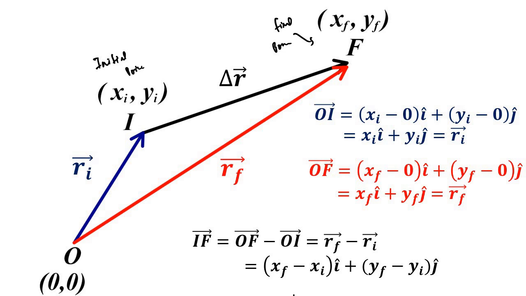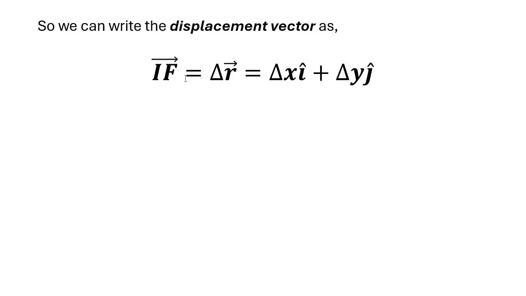Okay, so this is the x component, this is the y component. It can also be represented as the displacement vector delta r, which is equal to delta x i cap plus delta y j cap. So here delta x is the change in the x component and this is the change in the y component.